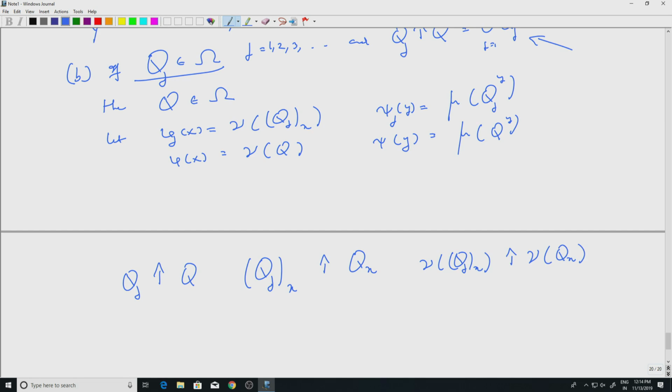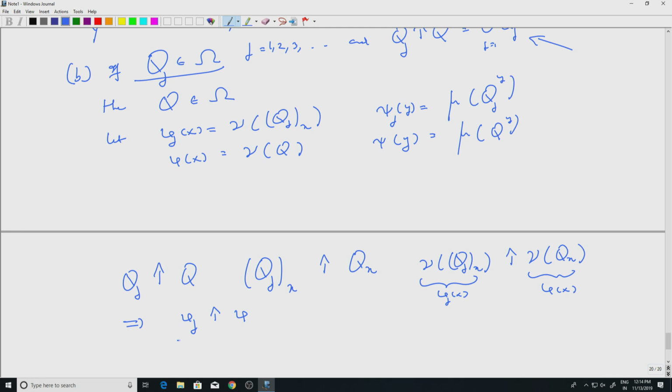By property of the measure, we have an increasing limit, and so the corresponding thing will happen for the measure. So, that is same as saying phi j increases to phi, right, this is my phi at x.